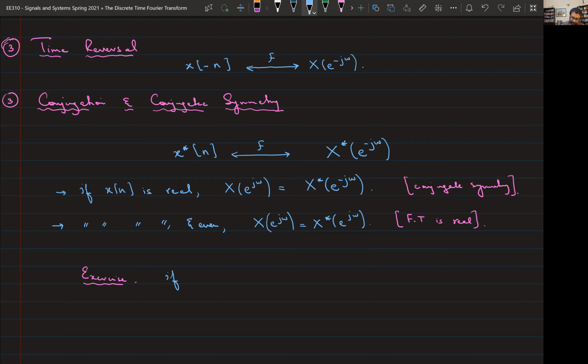The question is, if x of e raised to j omega has a Fourier inverse of x of n, what is the Fourier inverse of the imaginary part of x of e raised to j omega?